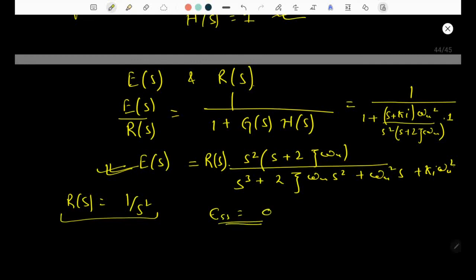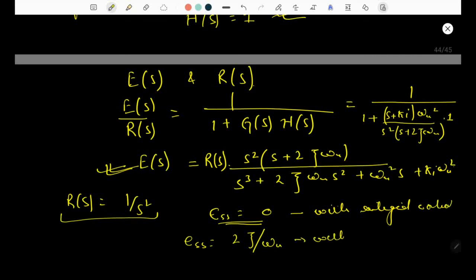Earlier, without using integral control, the steady state error for a second order control system with a unit ramp input came out to be 2 zeta upon omega n. This is with integral control, and this is without integral control.